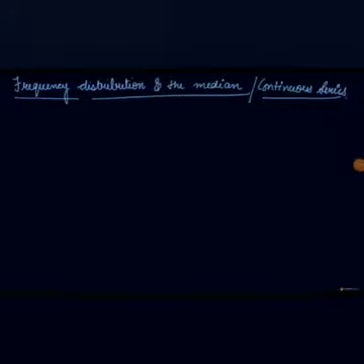We will be studying how we will find out the median in case of frequency distribution, or also we call it as continuous series. Now the first thing we will do is arrange ascending and descending order.